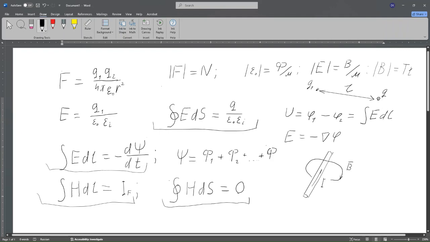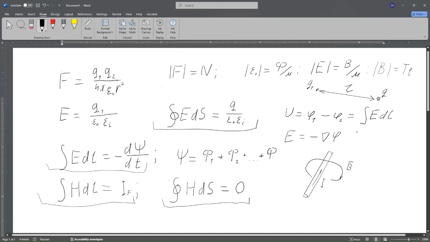And it is a vector unit, or in Russian it is called magnetic induction.